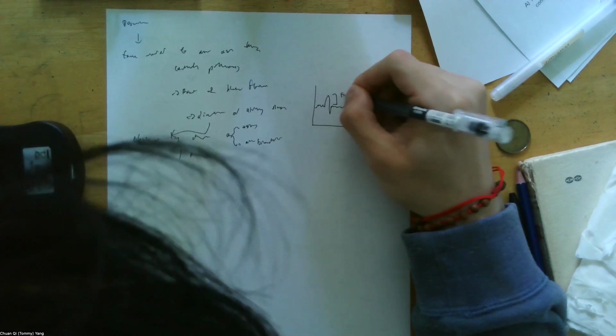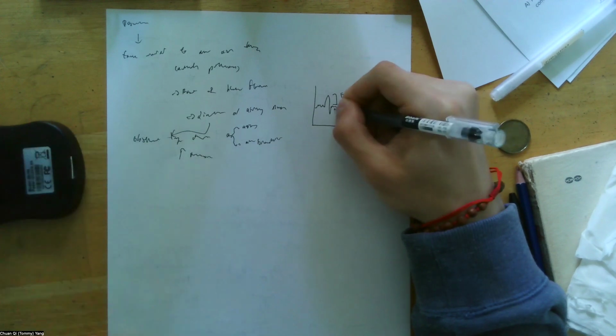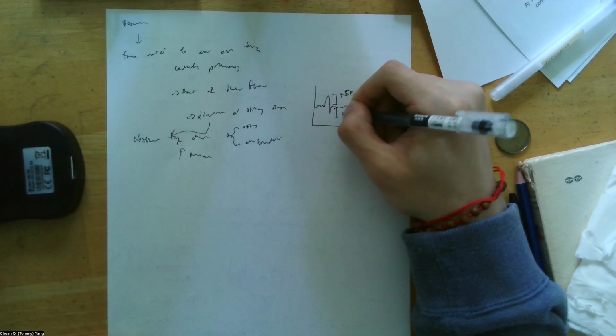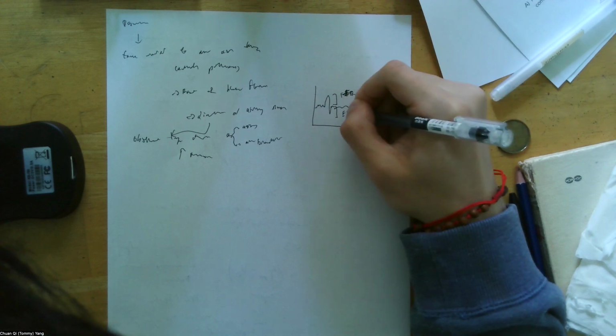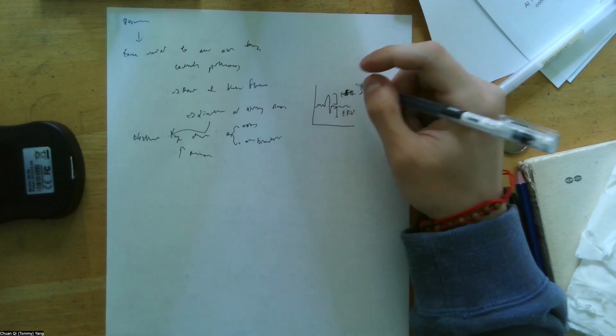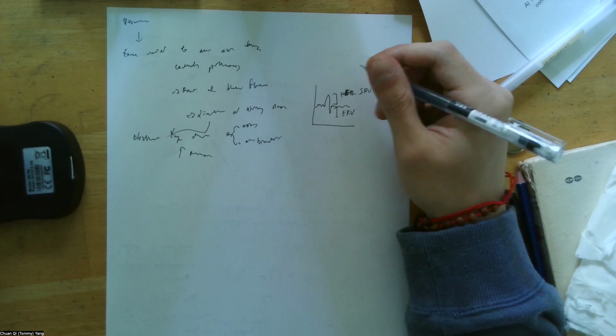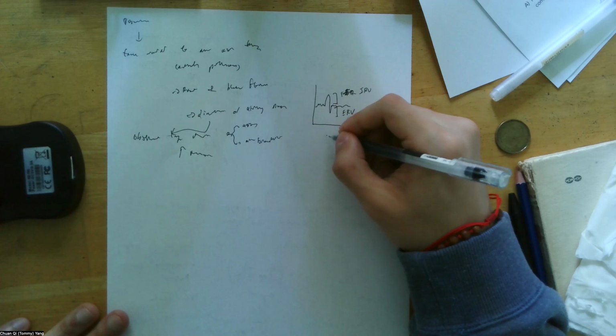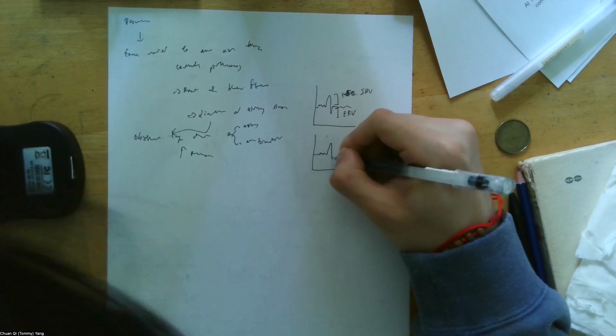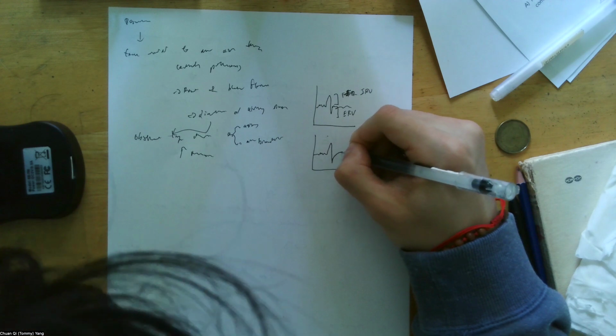So if the forced inspiratory rate, expiratory, or I should say inspiratory reserve volume, expiratory reserve volume, if we see a change, what you're going to see instead is something where it's going to look a bit like this.